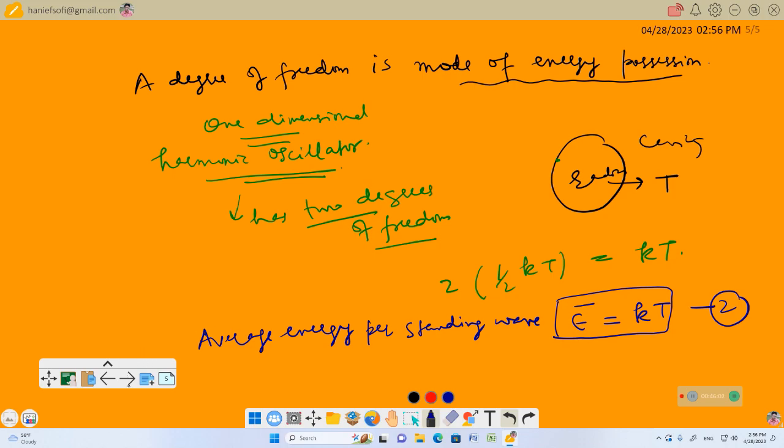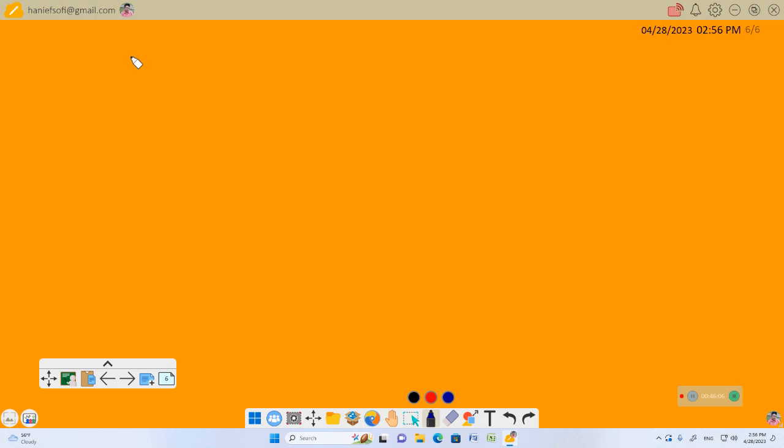Now u of nu d nu, which we call spectral energy density, is the total energy per unit volume in the cavity in the frequency interval from nu to nu plus d nu.